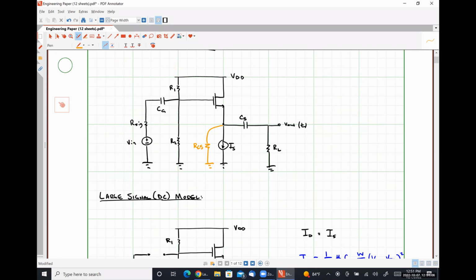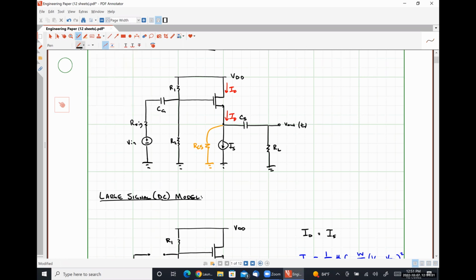That changes VS. So it will definitely change VS. It will actually change our relationship for ID, right? Because our drain current, if I draw it here, is the current flowing through the drain to the source. So it's also this current here. But now there are two different paths that our drain current can branch off from, right?